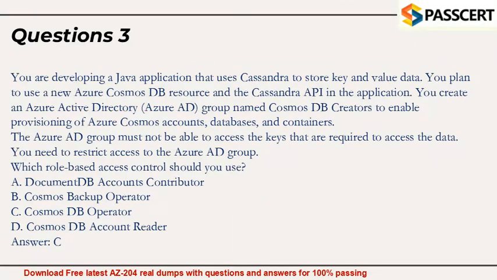The Azure AD group must not be able to access the keys that are required to access the data. You need to restrict access to the Azure AD group. Which role-based access control should you use? A. Document DB Accounts Contributor. B. Cosmos Backup Operator. C. Cosmos DB Operator. D. Cosmos DB Account Reader. Answer: C.